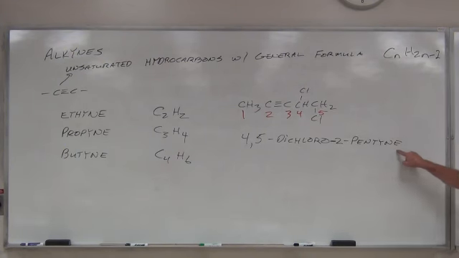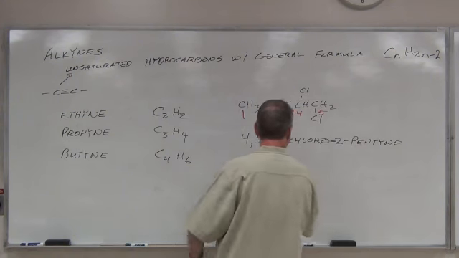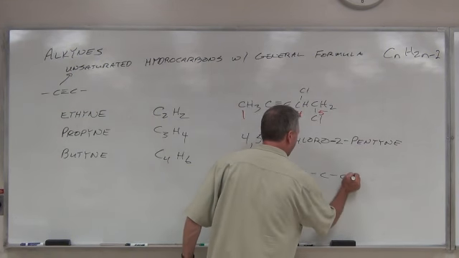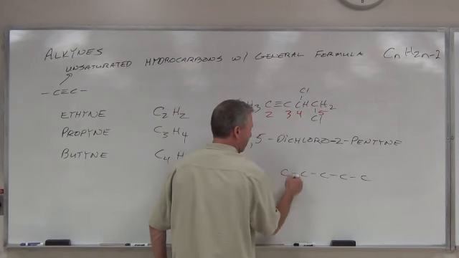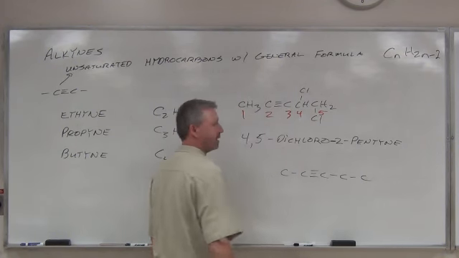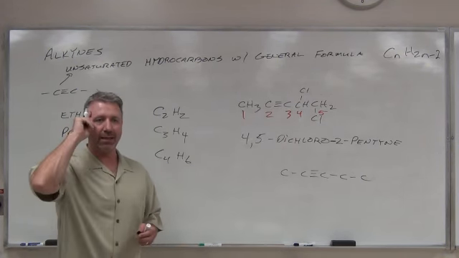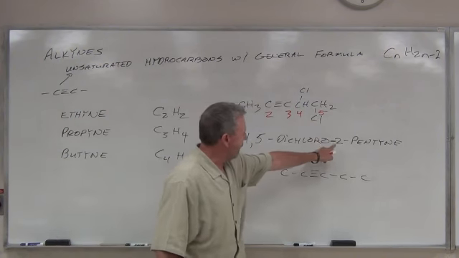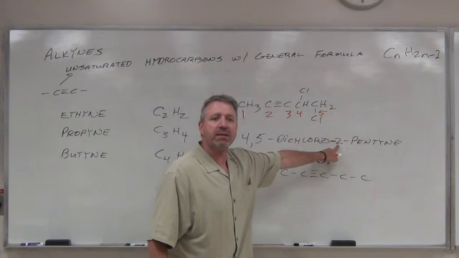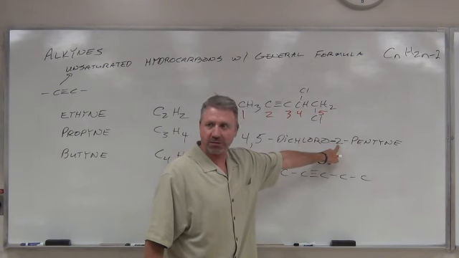I have a pentyne. 1, 2, 3, 4, 5. I have 2 YNE. Carbon 1, 2. There it is. YNE means triple bond. I have a triple bond at carbon number 2. It begins at carbon 2 and goes to 2 to 3. That's understood.